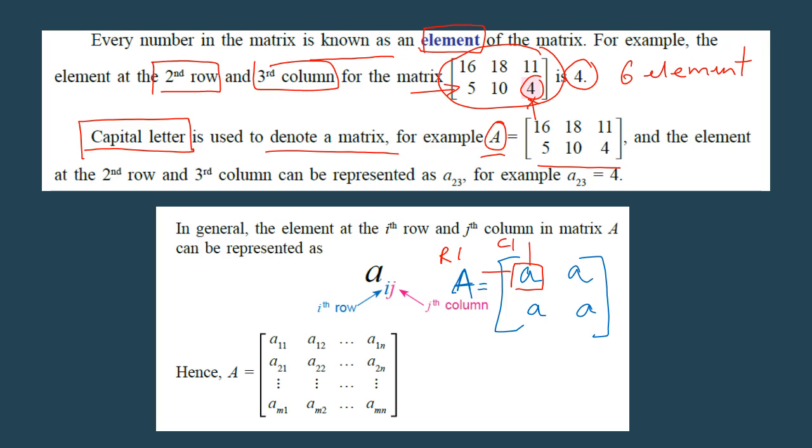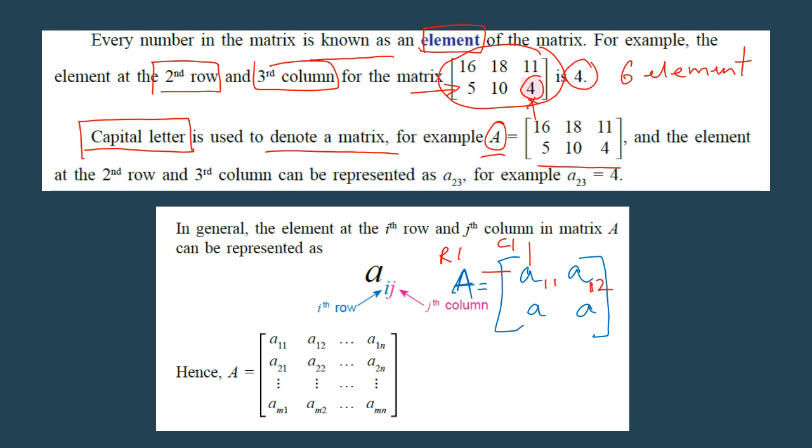So your a will be a11. This one is still the first row, but second column.